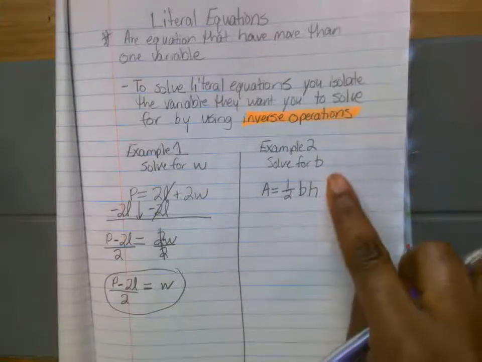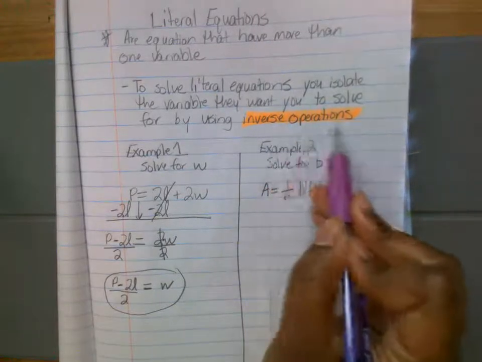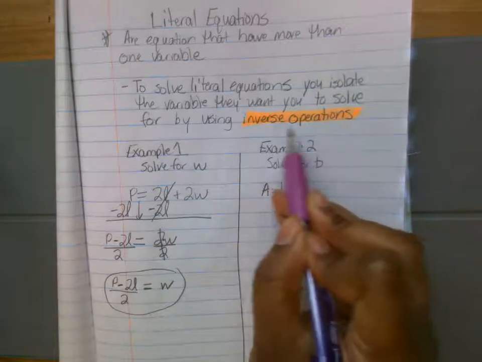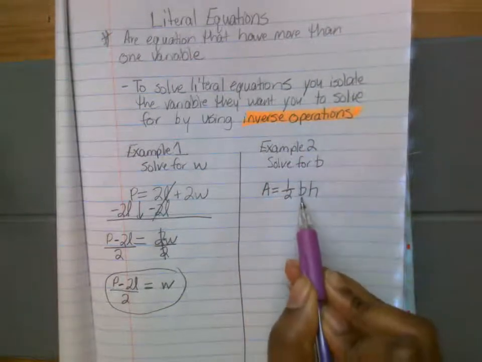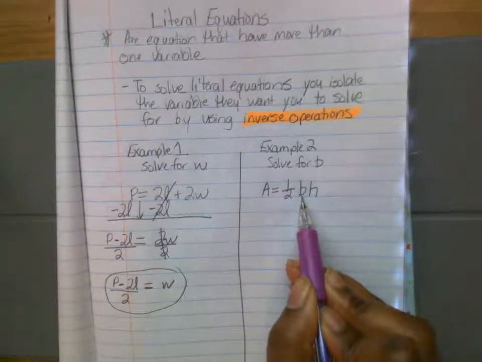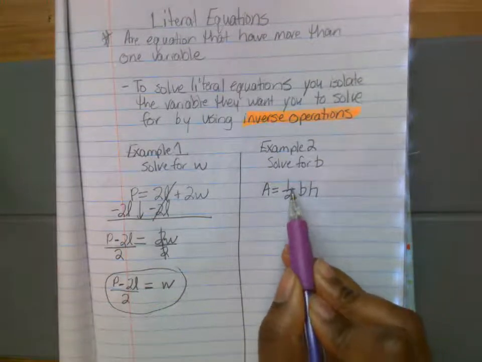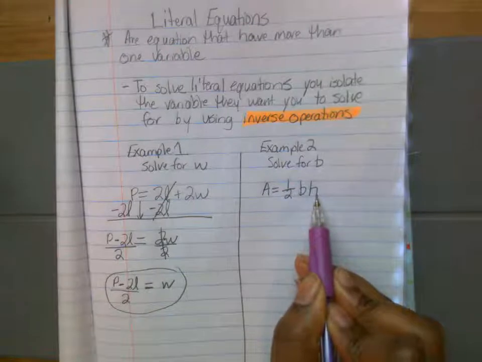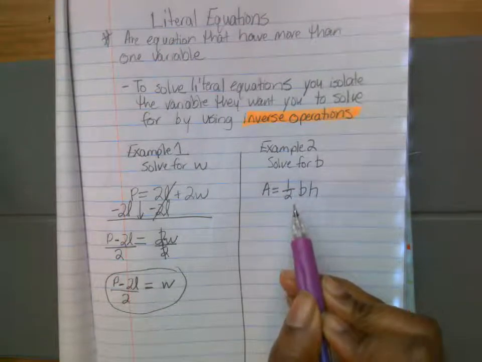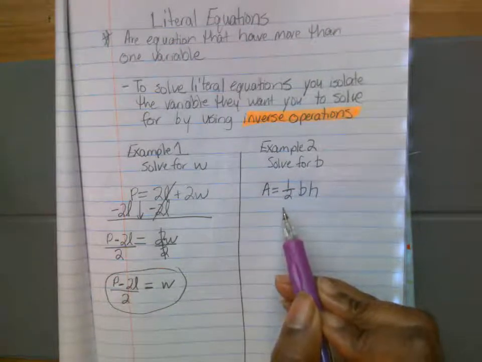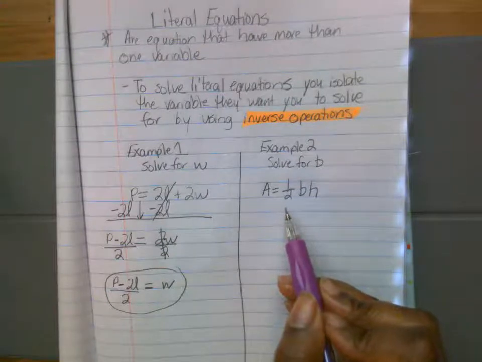So now we're going to solve for B by using inverse operations. So that means we need to get B by itself, isolate B. In order to do that, we've got to move the 1/2 and the H. We can do both of them at the same time, but we won't. We'll do one at a time for now.